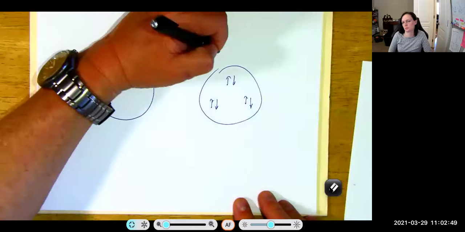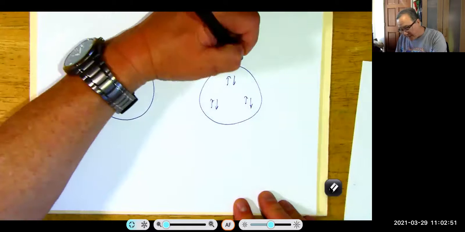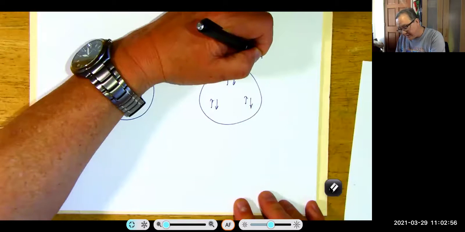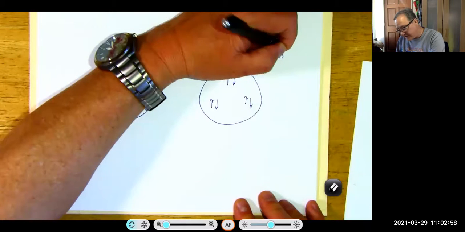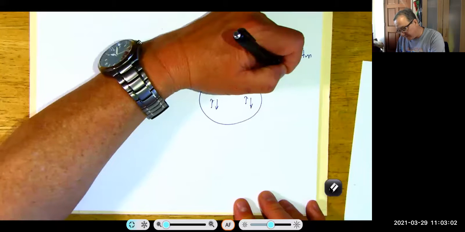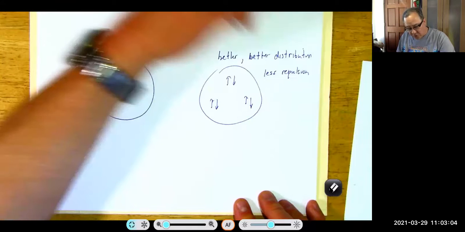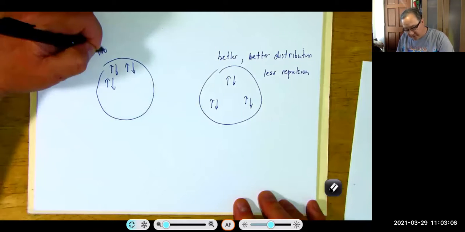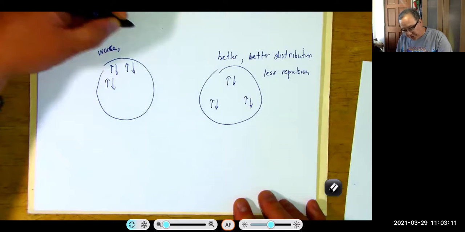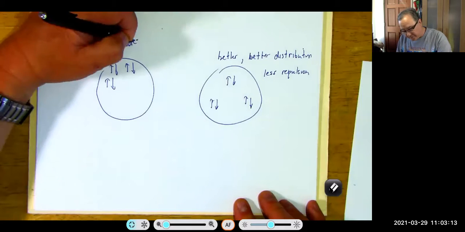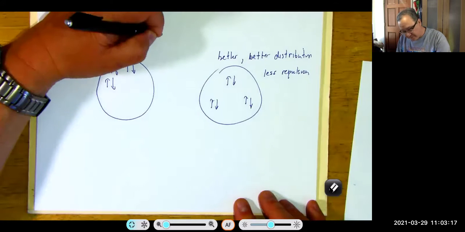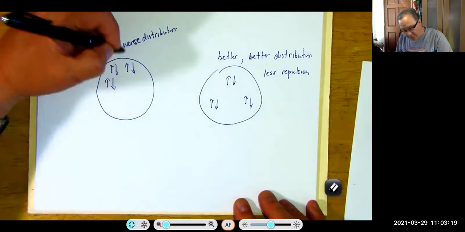So this is better because you have a better distribution, and less repulsion. And this is worse because it has worse distribution and more repulsion.